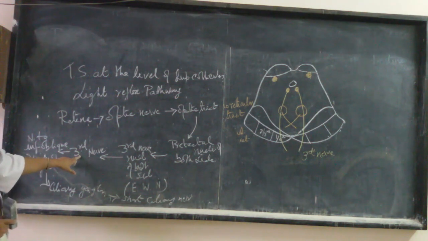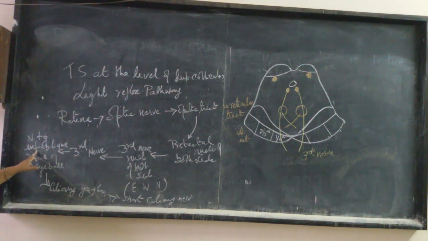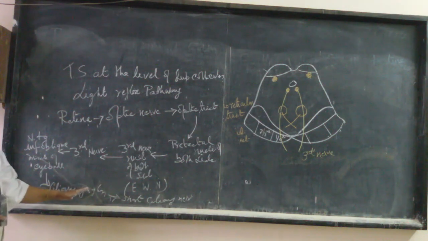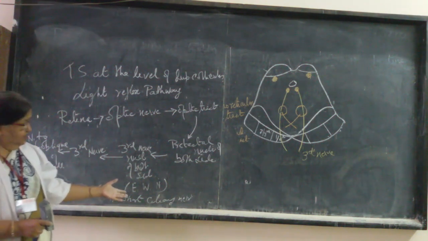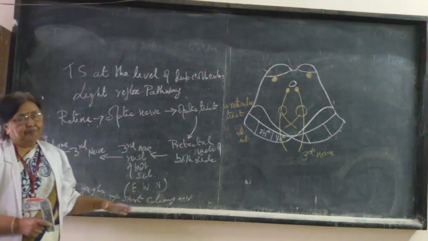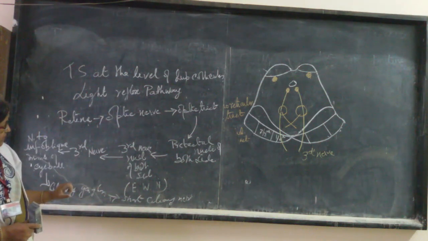The third nerve gives out the nerve to inferior oblique muscle, which enters the ciliary ganglion, and from the ciliary ganglion, short ciliary nerves come out and supply the sphincter pupillae muscle.